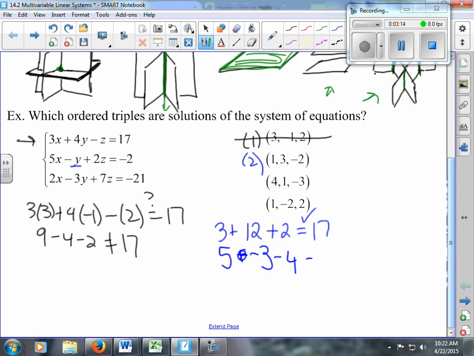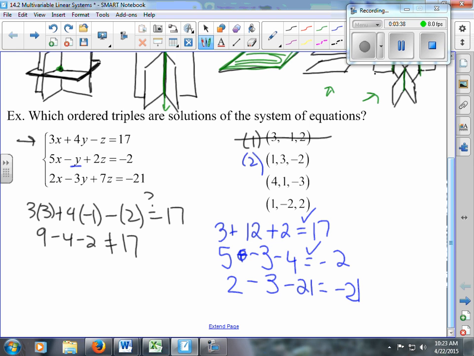Does that equal -2? Yes, it does. And now let's try this point in the third equation. So we're going to do 2 times 1 minus 3 times 1 plus 7 times -3. So that's -21. Does that equal -21?